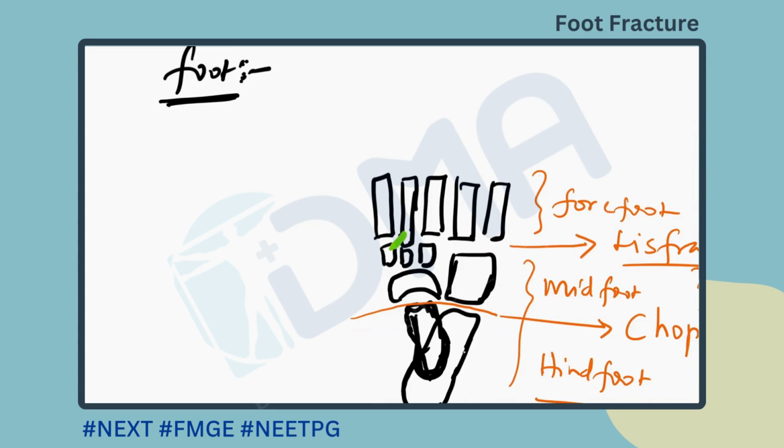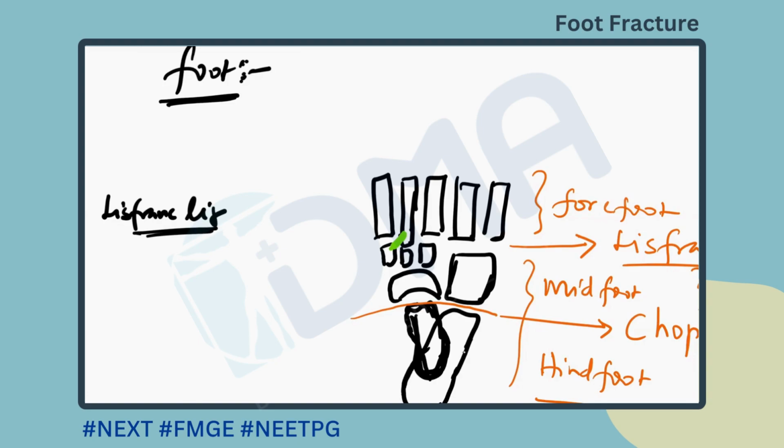Please see here. This ligament is called the Lisfranc ligament. So three things: Lisfranc joint, Lisfranc ligament, Lisfranc amputation. So what is the Lisfranc ligament? The ligament running from the second metatarsal to the medial cuneiform is called the Lisfranc ligament.